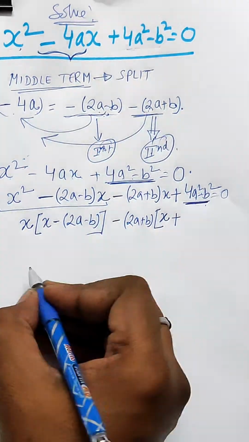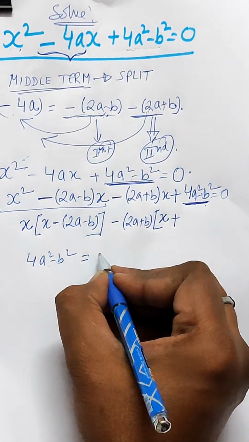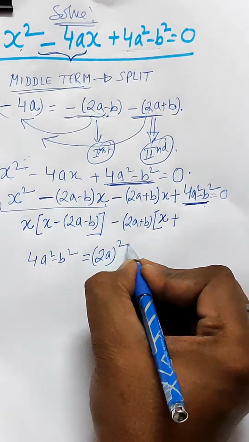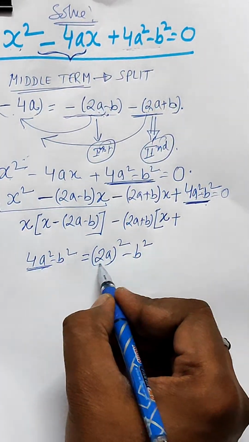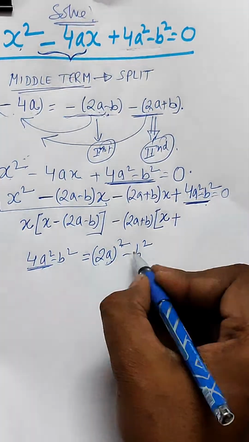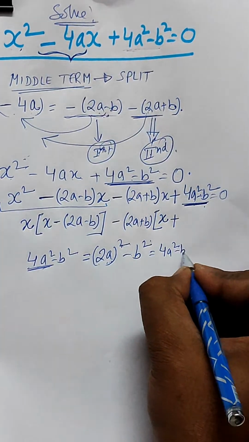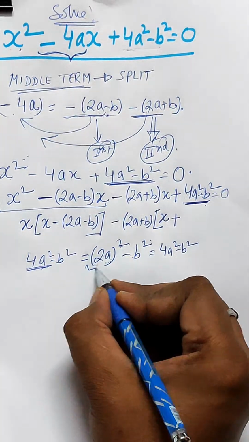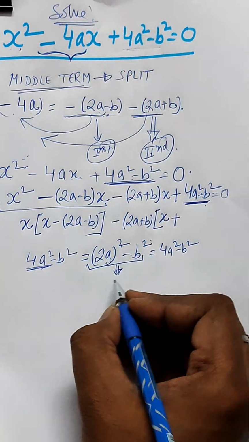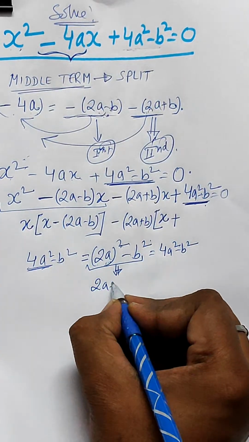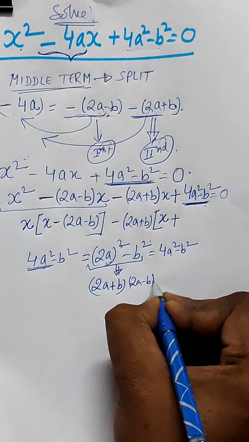We can simplify it and write it as 2a whole square minus b square. Can't we write it? 4a square can be written as 2a whole square minus b square. And this, a square minus b square, can be split as a plus b and a minus b, that is 2a plus b and 2a minus b.